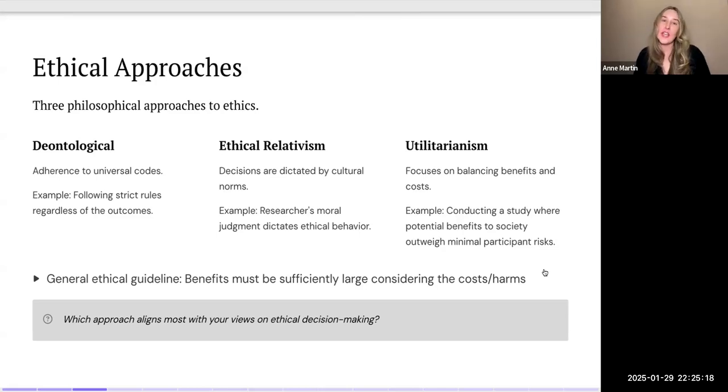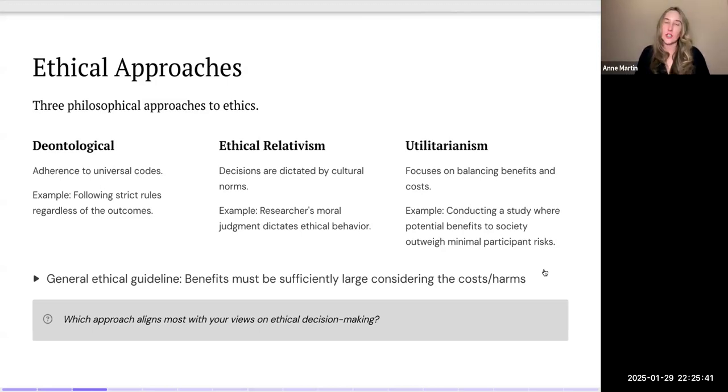The first is the deontological philosophical approach to ethics, which is the idea that there are universal ethical codes that apply to all people in all situations at all times. An example of this would be that murder is always unethical.